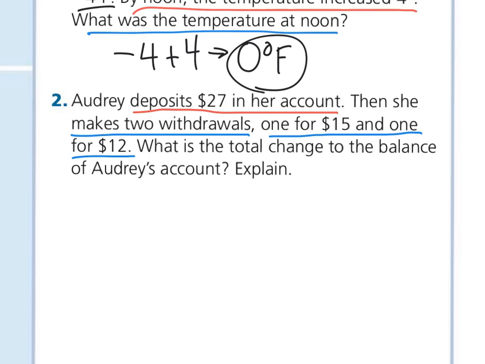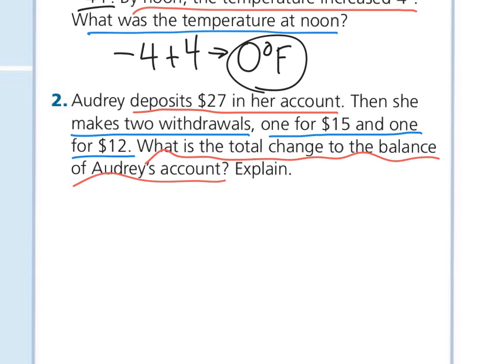And the question is, what is the total change in the balance of Audrey's account? So she made a deposit of $27 and withdrawals of $15 and $12. What is the total change in her balance?